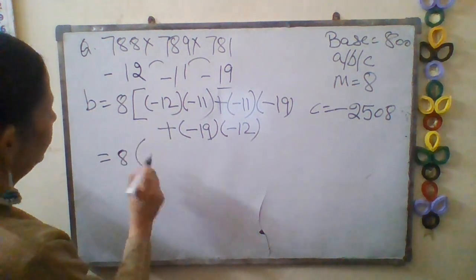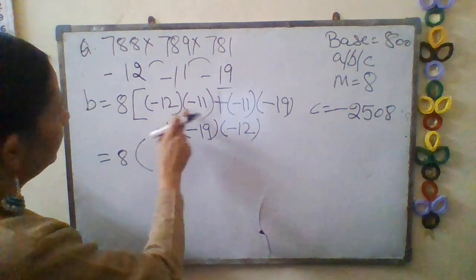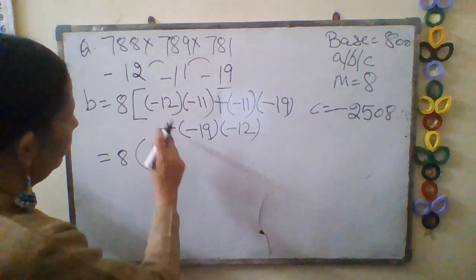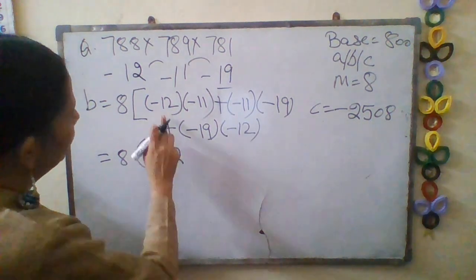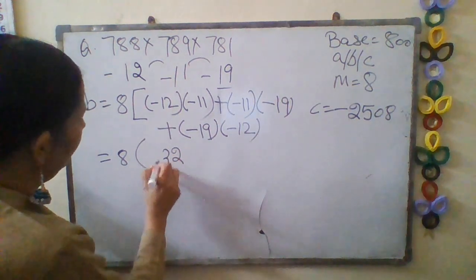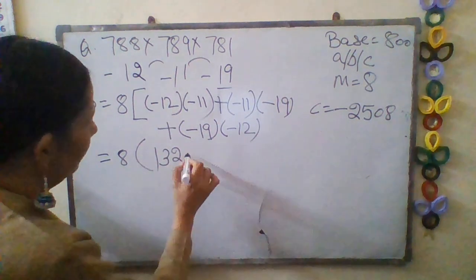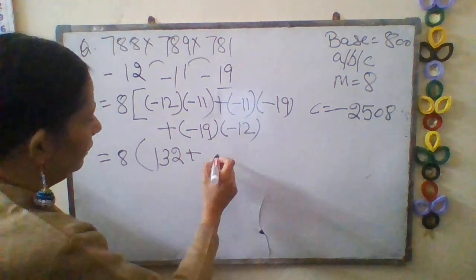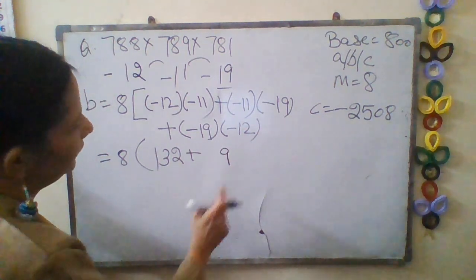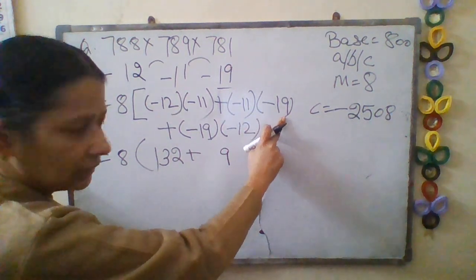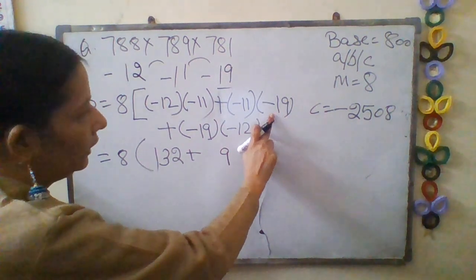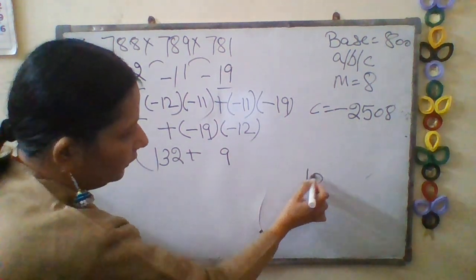8 is outside. Now you have to multiply 12 with 11. So 2 you will write down as it is. So 2 plus 1 is 3 and 1. Okay. Now here 19 into 11. 9 you will write down here as it is. 9 plus 1. See, take care of this. 9 plus 1 is equal to 10.